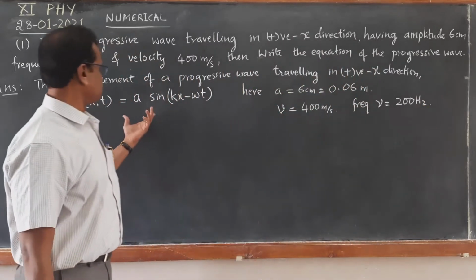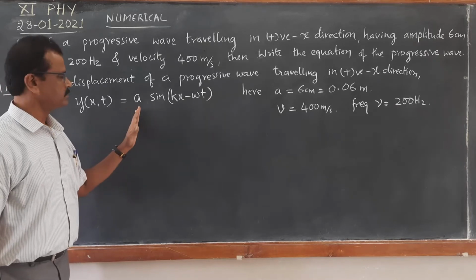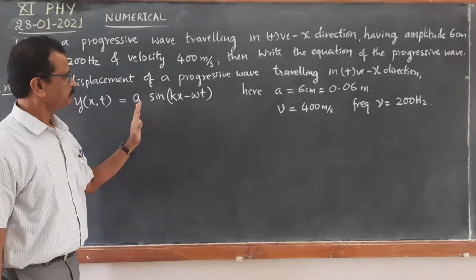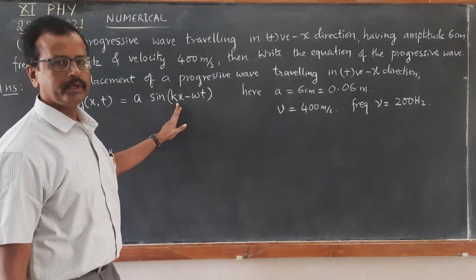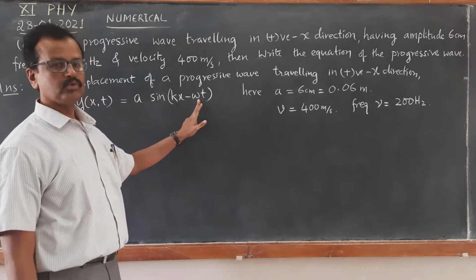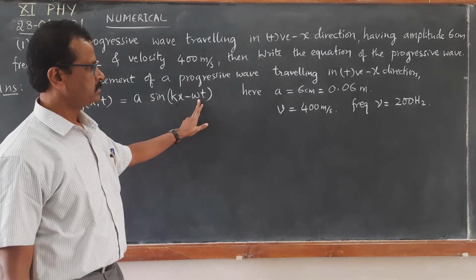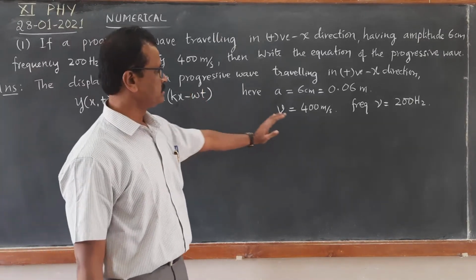In order to write this equation, we need to know what is A. A is already given, 0.06 meter. We need to calculate what is k, the angular wave number, and what is omega, the angular frequency. We can find these using the given data.